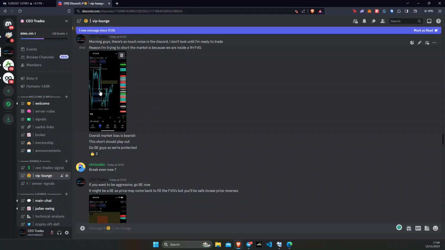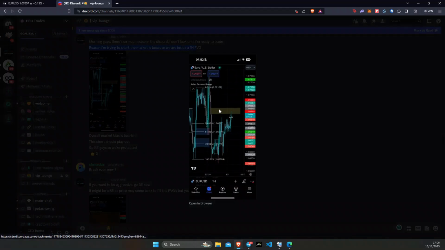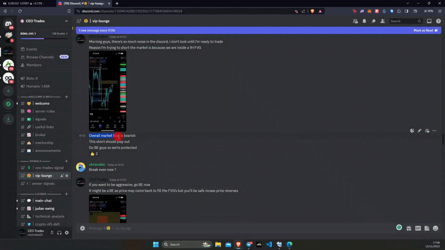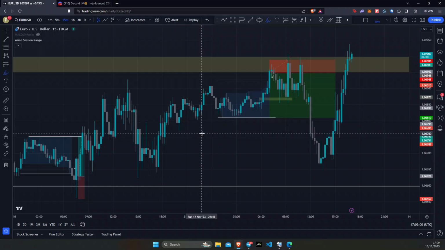So if we look at the Discord, I said to everyone that the reason why I'm trying to short the market is because we are inside the 1 hour fair value gap. So the overall market bias is bearish, so the short should play out even though the 15-minute is bullish.